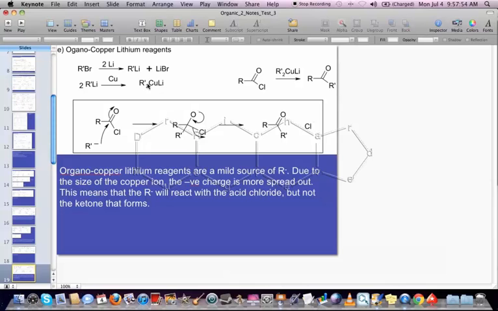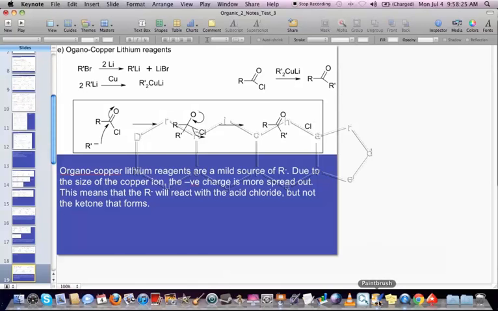So what you can see here is that since we're only going to end up using one of these equivalents of R prime, if this is a very expensive alkyl bromide to begin with, you're going to end up losing half of it, because you're going to use two equivalents to produce your organocopper lithium reagent, but only half of it will actually end up reacting to form the desired ketone that you want. So that's a consideration that's going to need to be made if you're using a very expensive alkyl halide as your starting material.